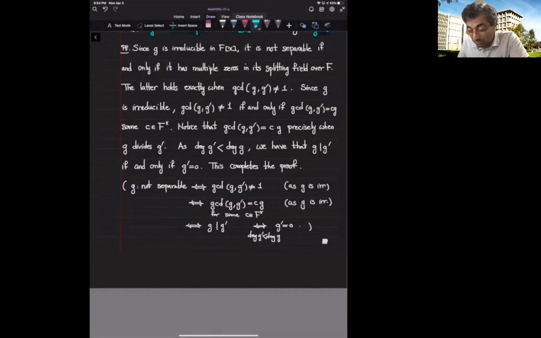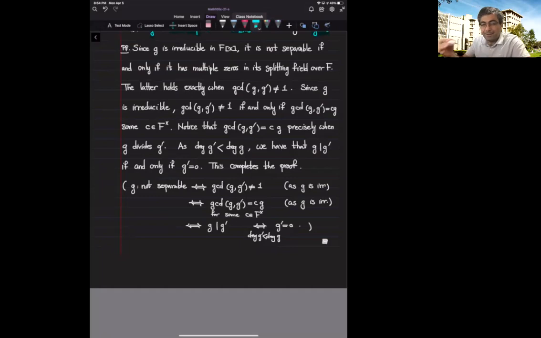Because G is irreducible, separability is equivalent to saying that it does not have multiple zeros in its splitting field. Not having multiple zeros in the splitting field is equivalent to saying that the GCD of G and its derivative is not 1.